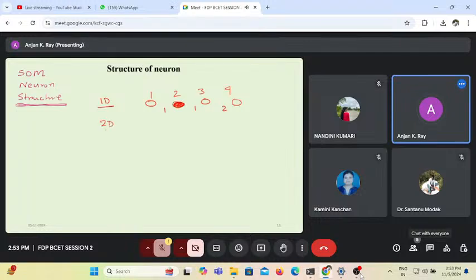In the 2D structure, things will be a little bit different, with a similar concept. Let's say this becomes the winner, and I consider neighbors within a distance of 1. In that case, the winner will be this neuron, and the neighbors will be this neuron, this neuron, and this neuron, because all are at distance 1.